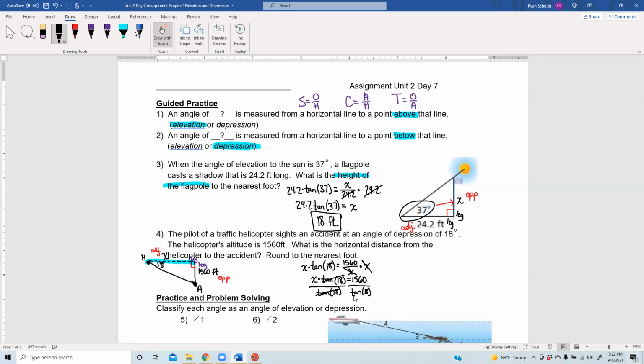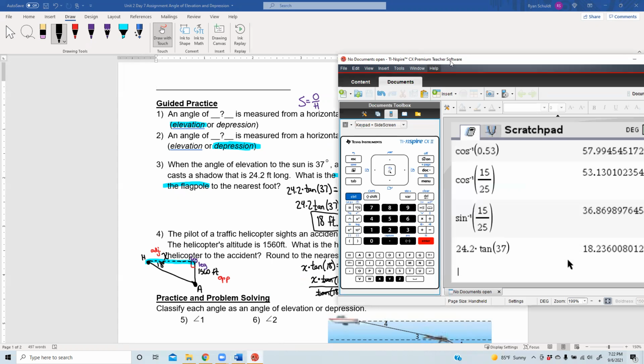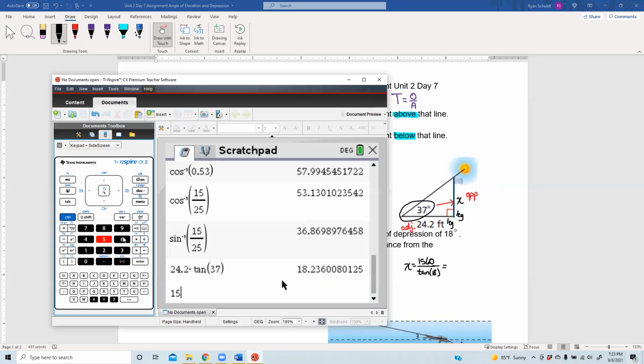Those cancel. We get x equals 1560 divided by the tangent of 18. Now we can plug this straight into the calculator. 1560 divided by the tangent of 18.